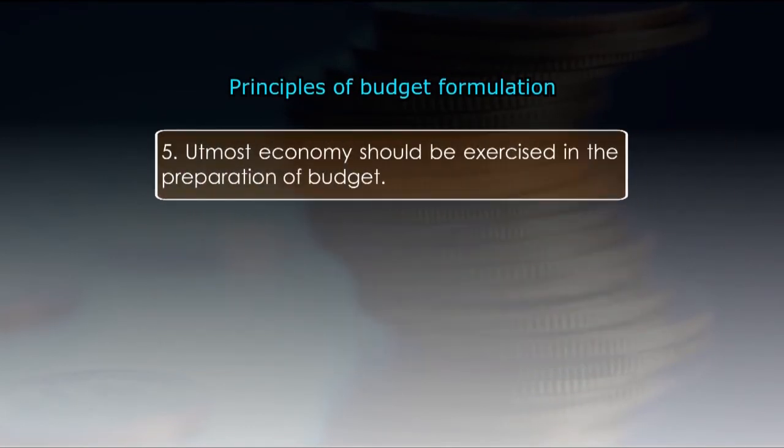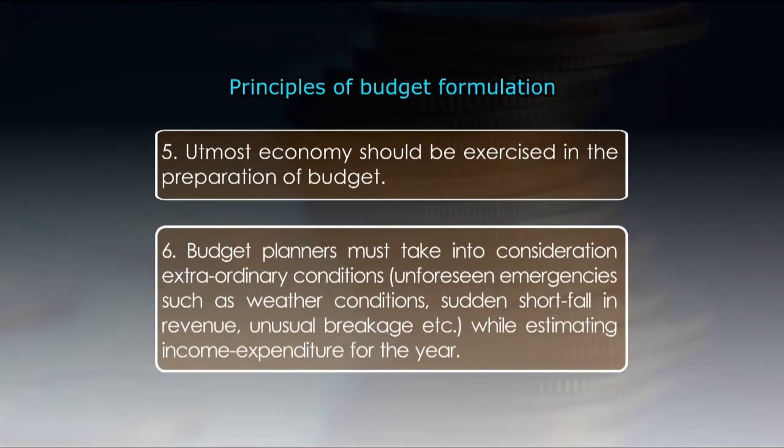Number 5, utmost economy should be exercised in the preparation of budget. Number 6, budget planners must take into consideration extraordinary conditions, that is unforeseen emergencies such as weather conditions, sudden shortfall in revenues, unusual breakage, etc., while estimating income expenditure for the year.